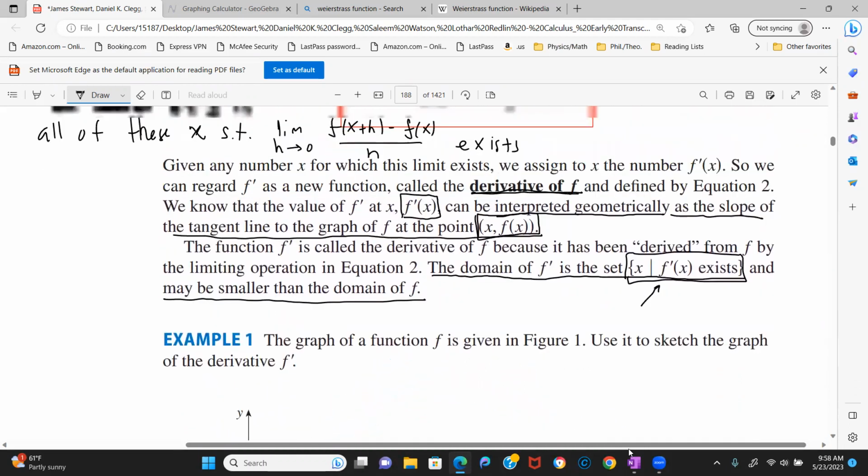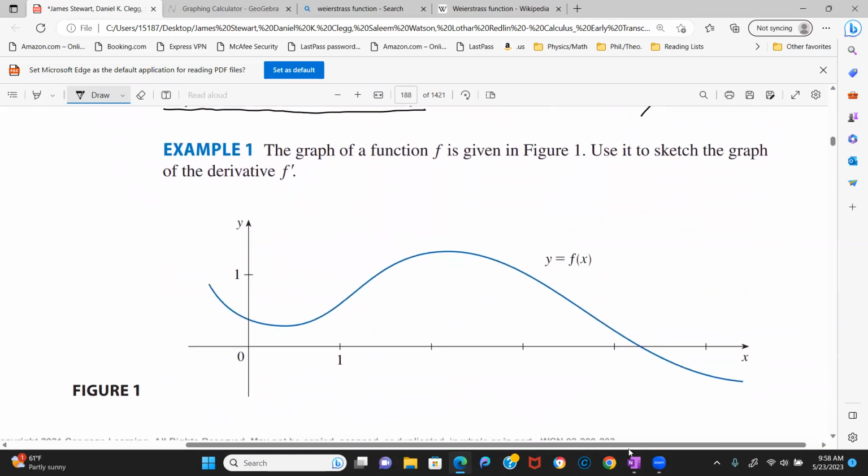And that can be really useful if you're given the shape of a graph. Here we're given this function, this is the shape, and we can get a rough idea of what the derivative looks like. If you give a function from the real numbers to the real numbers, you can plot it, and the derivative will be a function from some set of real numbers to the real numbers.